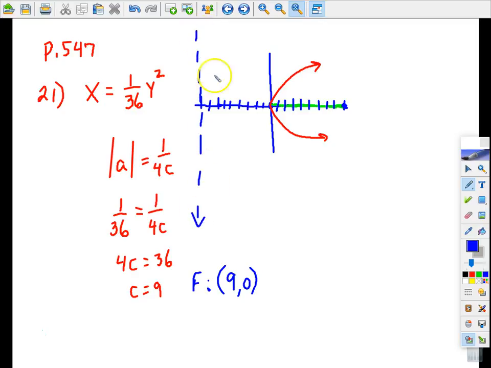That vertical line is the line x equals -9. So it's a two-part answer. There's my focus, an ordered pair. There's my directrix, the equation for a vertical line. Okay, so the others in that set of problems are worked out very much the same way.